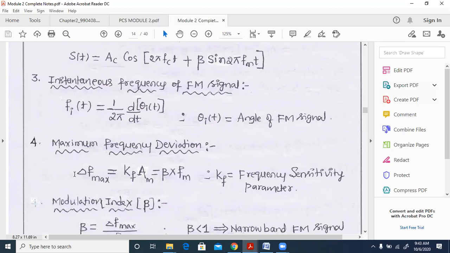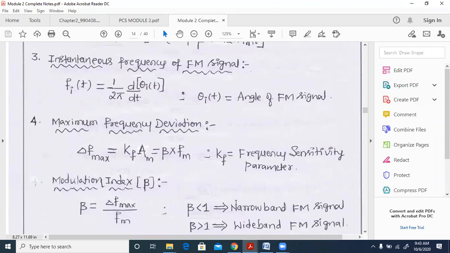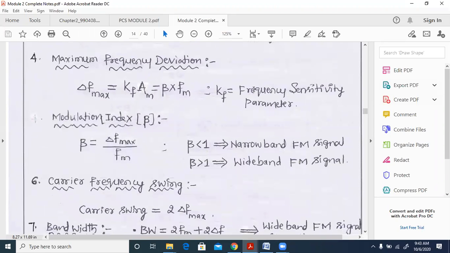So this is a general formula which should be remembered. From this you can find the beta value, you can find the kf value. kf is known as frequency sensitivity, beta is known as the modulation index. So beta is, from the above only, del f max by fm.